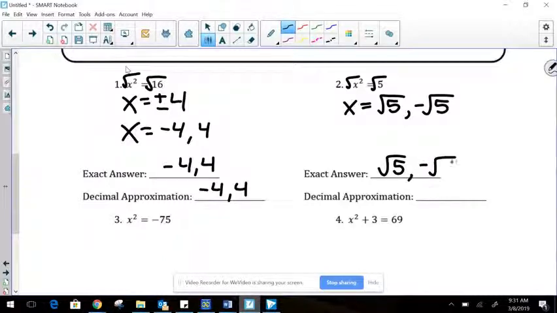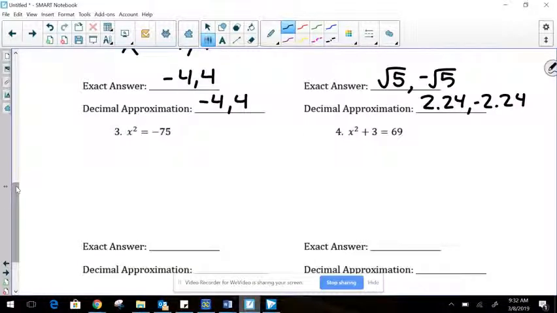My decimal approximation, you're going to type that in your calculator. So second square root of 5 equals, so we have 2.24 and negative 2.24. Okay, remember, you can always plug these decimals back in for x and make sure that they're the same as the square root of 5.